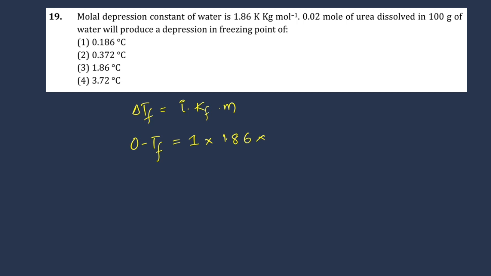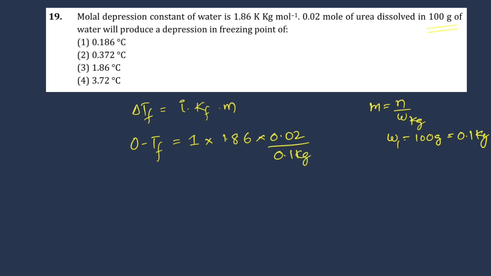Molality, since only moles of W2 are given, is moles by W1 in kg. Then 0.02 mole, and 100 gram is mentioned, therefore W1 is 100 gram, which equals 0.1 kg.